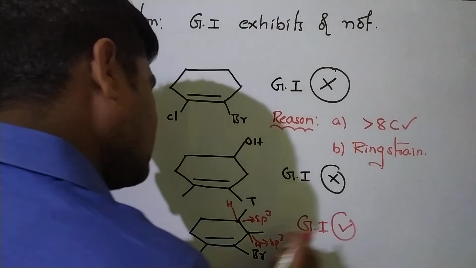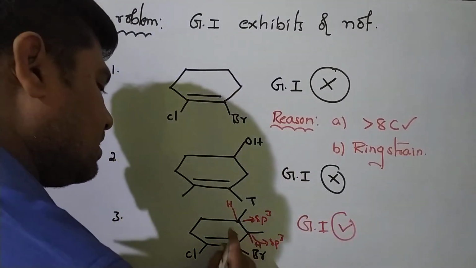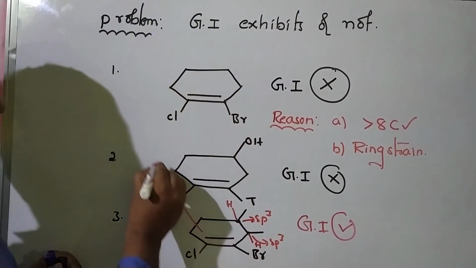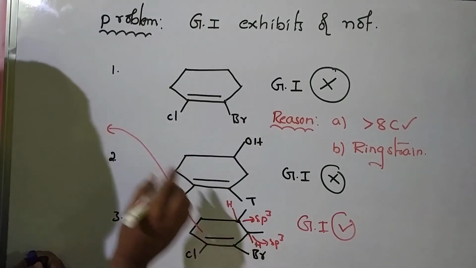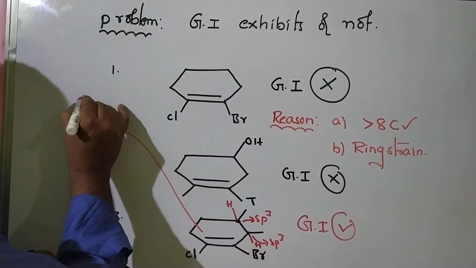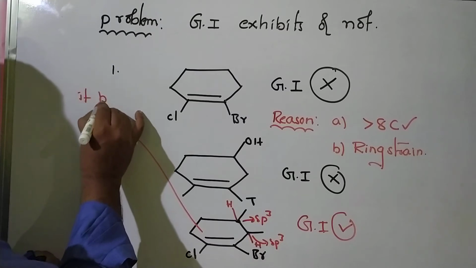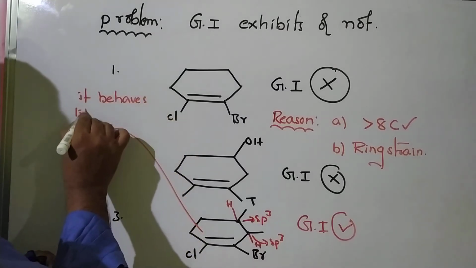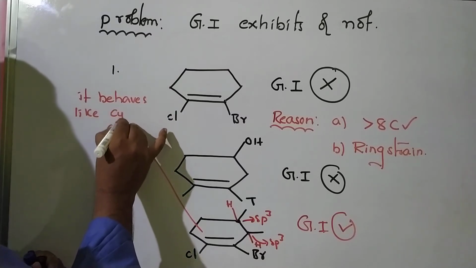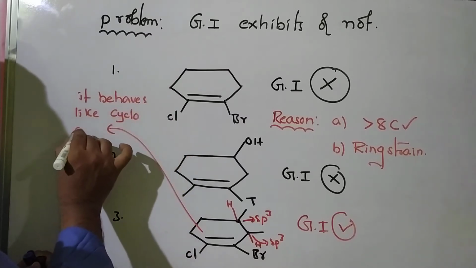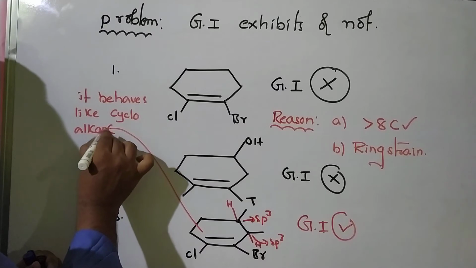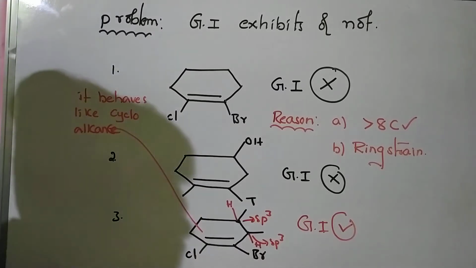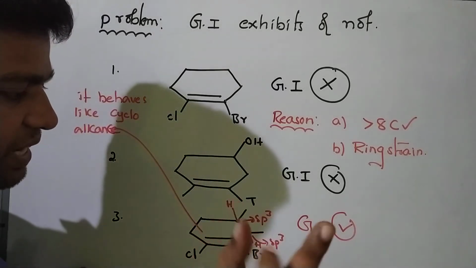Why? Because here the ring behaves like a cycloalkane. Okay, students, once again I will explain.